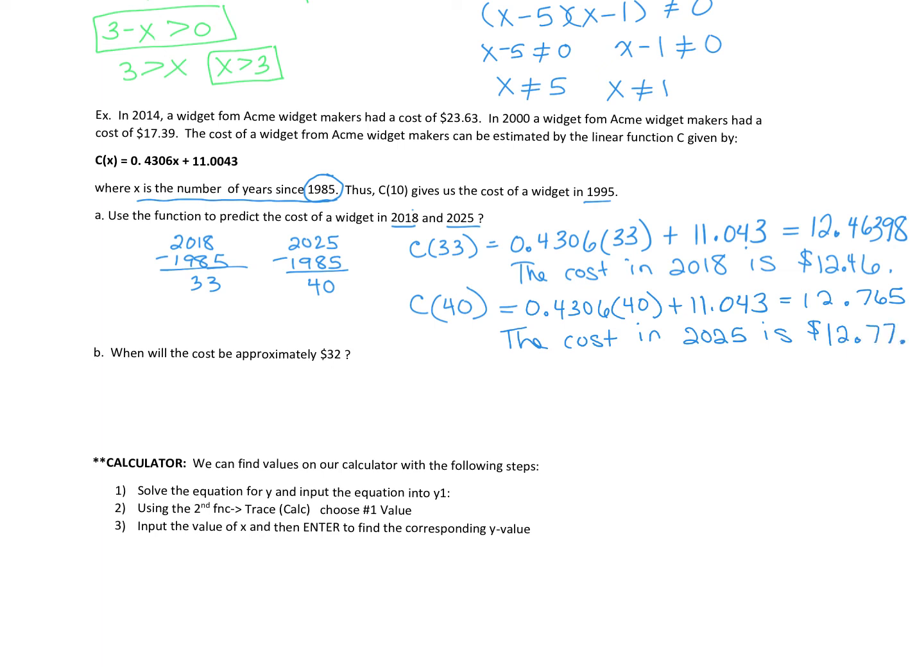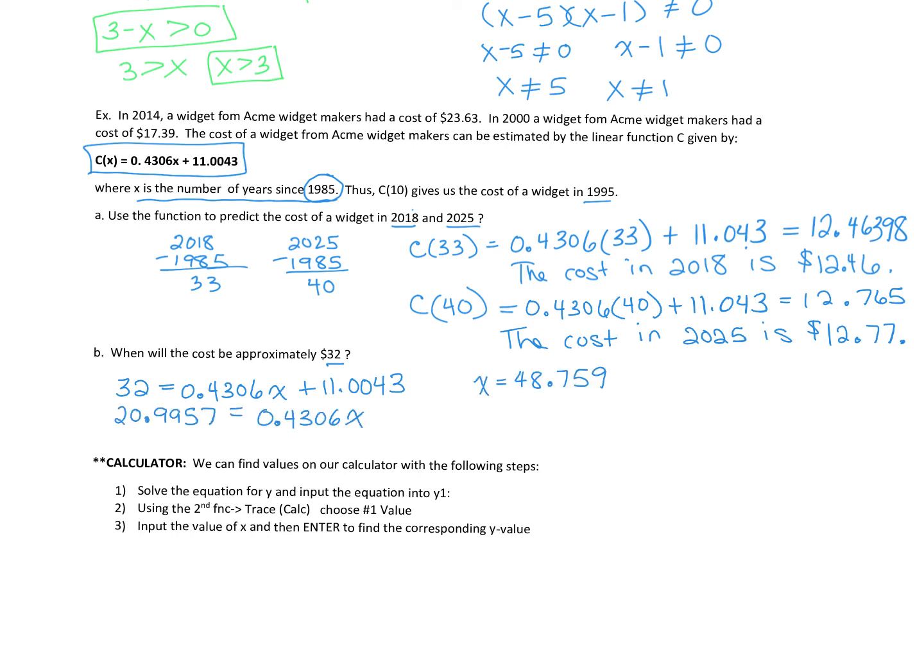We can use this function also to find when the cost will be approximately $32. So we'll take our function c of x here and we'll plug the 32 in for the cost. So we have 32 is 0.4306x plus 11.0043 and solve for x. Solving this is going to give me 48.759.